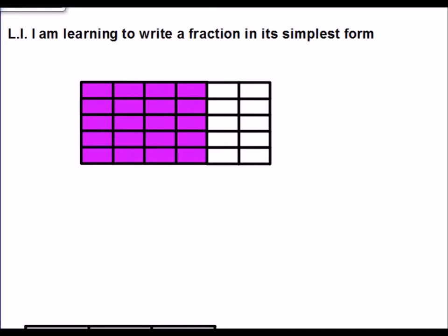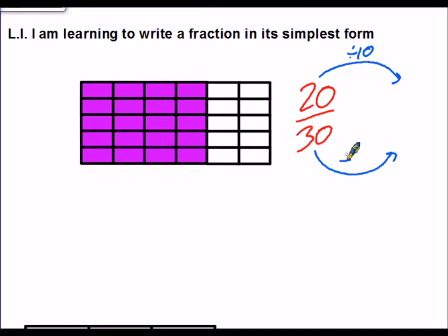For this last example, I've highlighted 20/30ths. So I'm going to be looking for a times table that has 20 and 30 in it. Now, I know that the 10 times table has 20 and 30 in it, so in this case, I can divide straight away by 10 and make this as simple as possible, as quickly as possible.